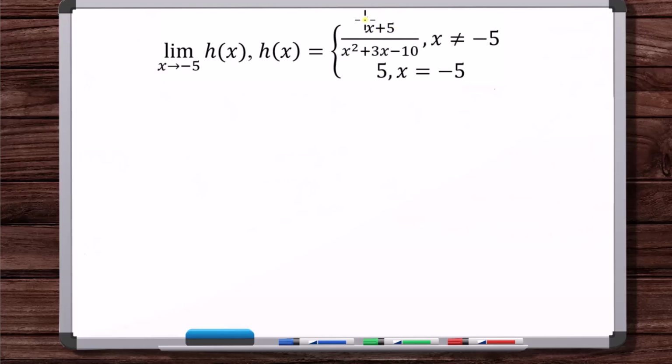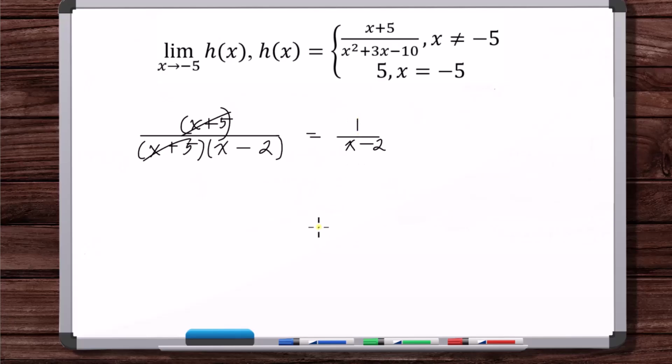As x approaches minus 5, the numerator goes to 0, and the denominator, x plus 5, goes to 0 as well, and you're going to have these x plus 5s cancel. So what we've got is a hole here, right? The graph of this function is exactly the same as the graph of this function, except when x is equal to negative 5, there's a hole in the graph.